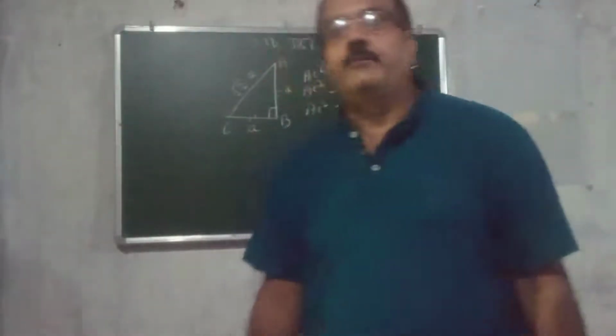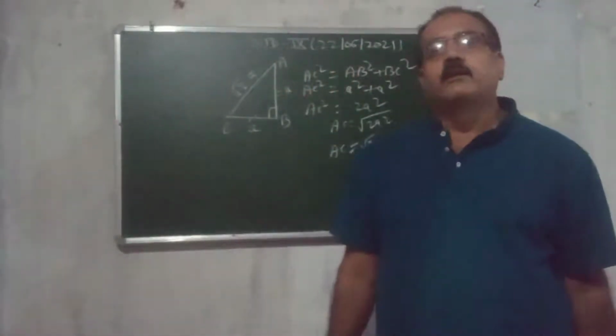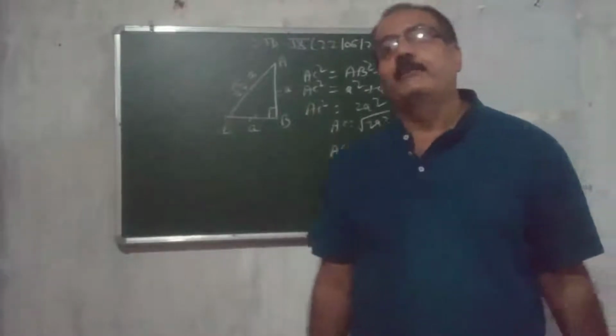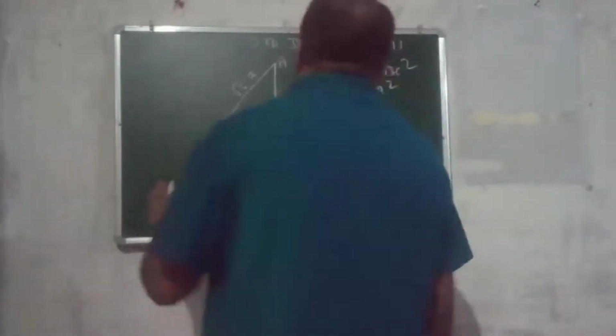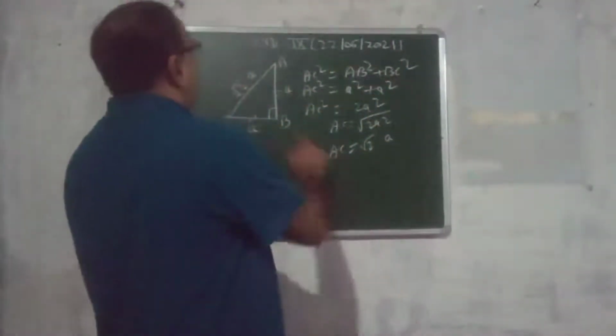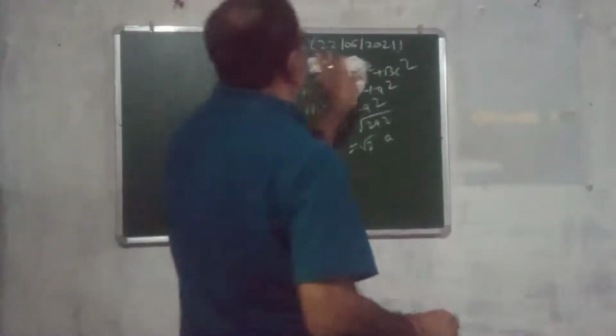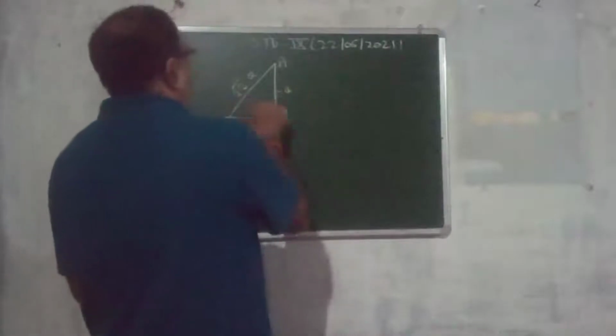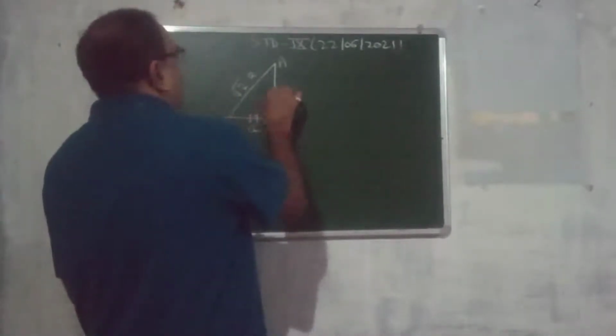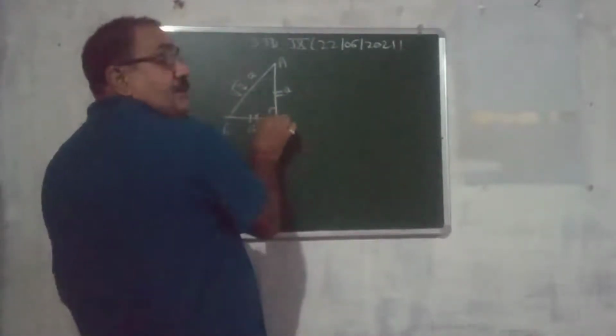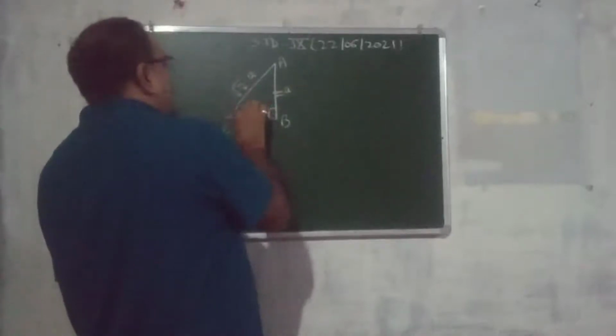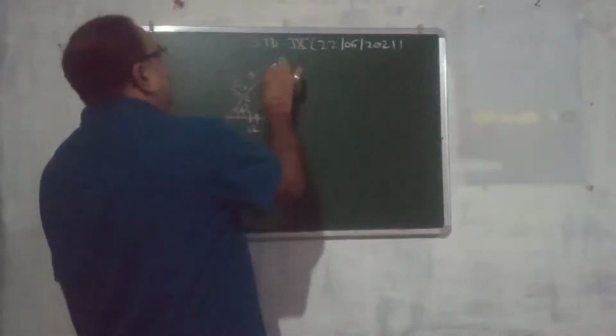Now we will find the value of sin 45 degree, cos 45 degree, tan 45 degree. Now two sides are equal in the isosceles triangle and one angle is 90 degree, so the remaining two angles will be 45 and 45.